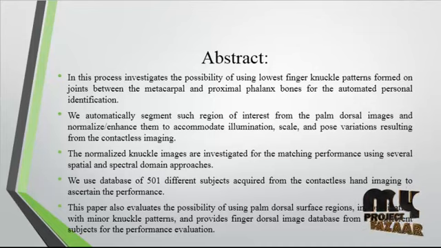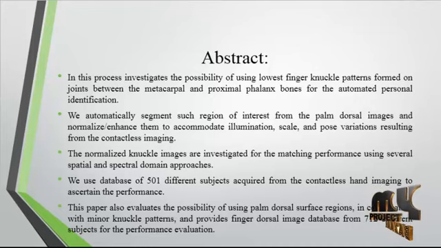The normalized knuckle images are investigated for matching performance using several spatial and spectral domain approaches. We are using a database of 501 different subjects acquired from contactless hand imaging.